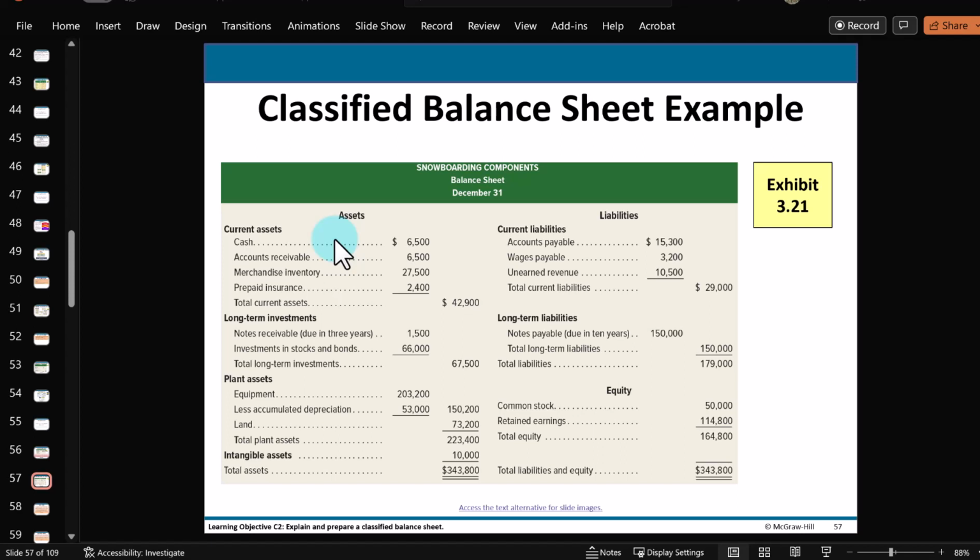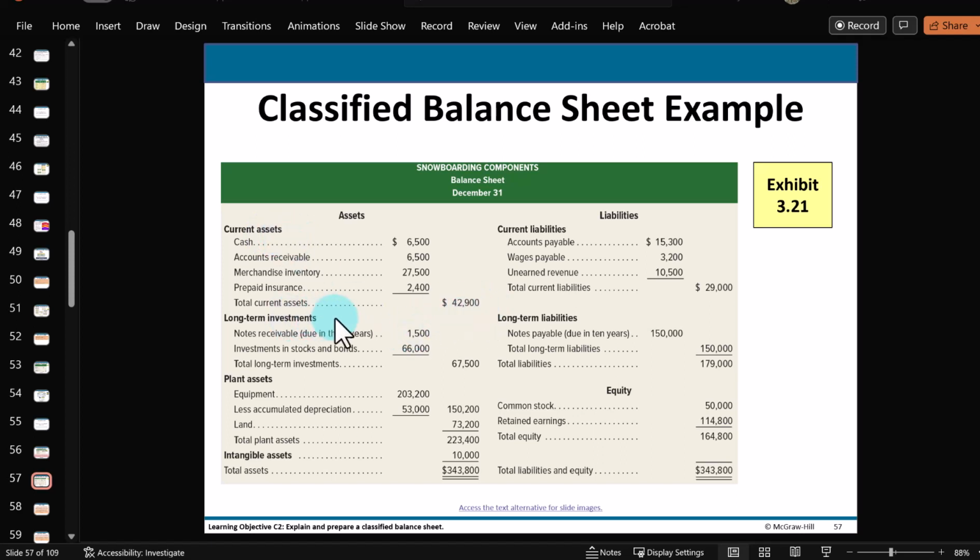Typically, we look at whatever is longer. In most cases, a year is longer. So in other words, anything that can be converted into cash right now or receivable as a cash, like accounts receivable, or sold within a year, or used up within a year, those type of accounts are classified as current, and we take a subtotal.